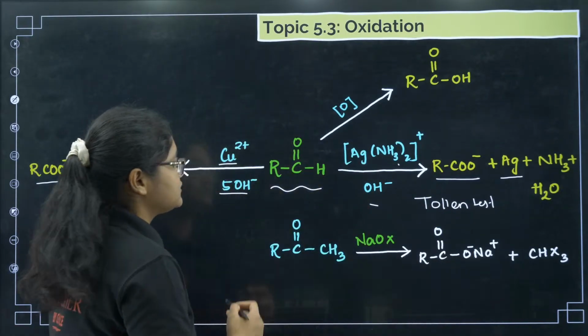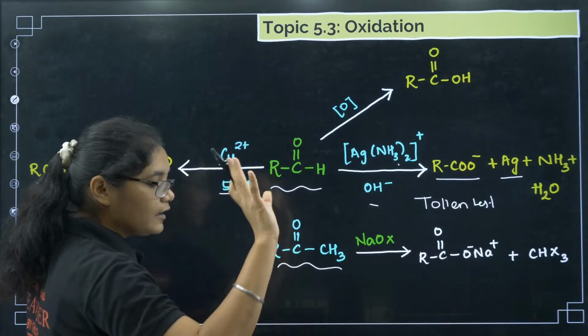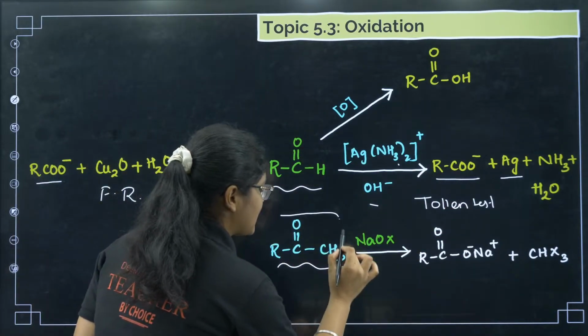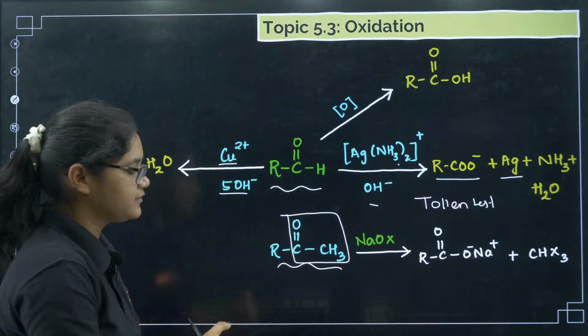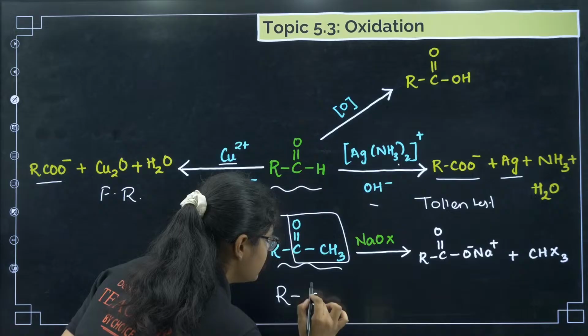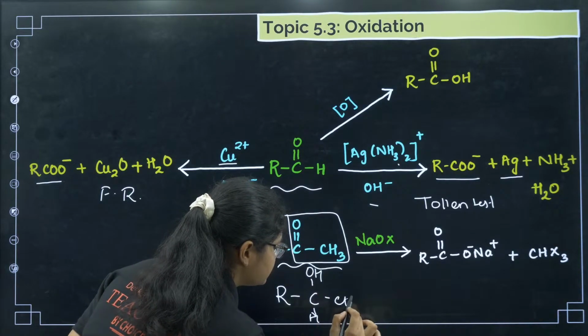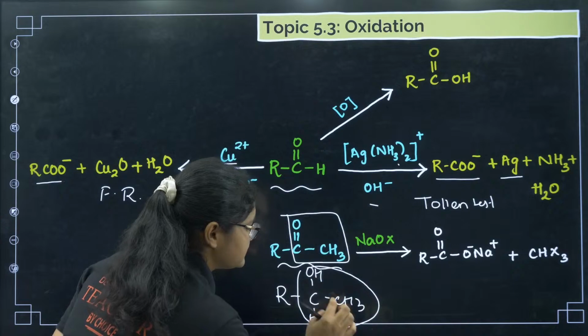Now coming to the next one, that is your methyl ketones. Any carbonyl compound, if it has the COCH3 group, remember, the COCH3 group should be present, or you should have CH3CHOH. This group should be present.